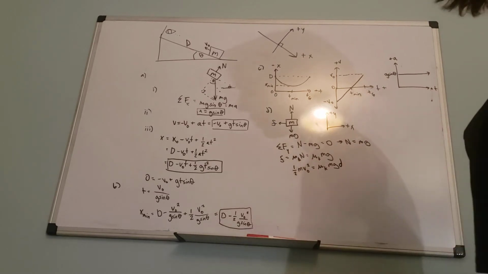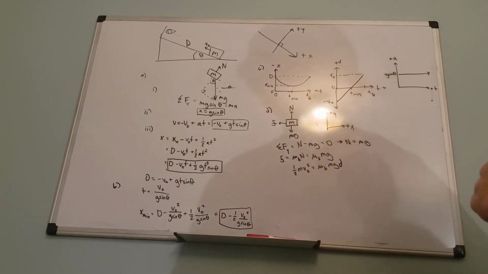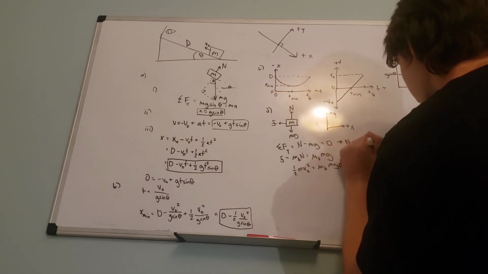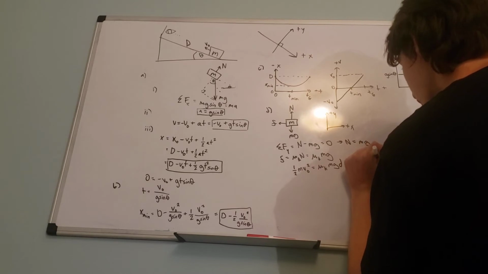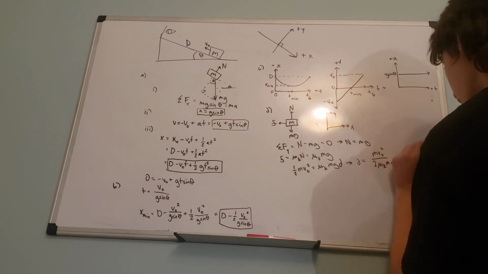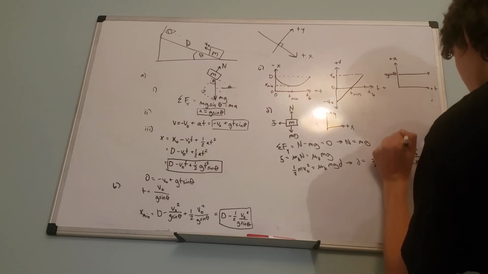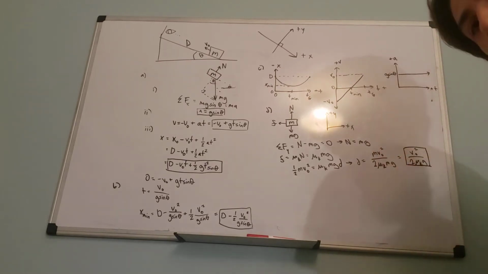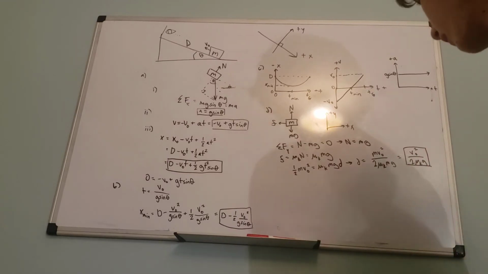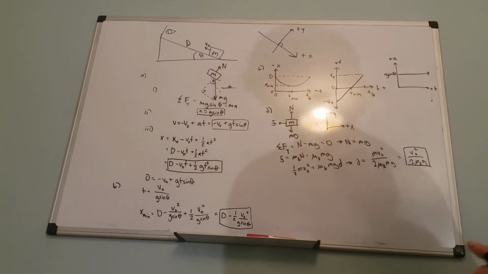So that's great because that's what it's asking for, distance. So now I can just solve this. Okay, we get v naught squared over 2 times the coefficient of kinetic friction times the gravitational constant.